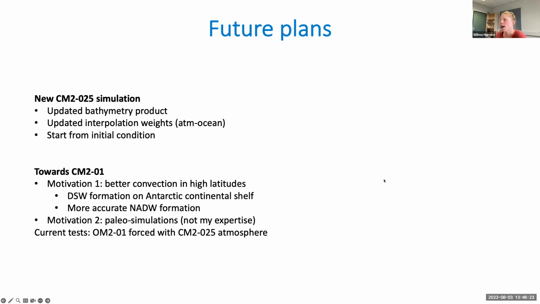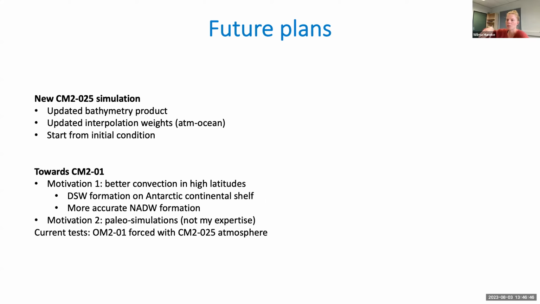I'm also interested in setting up a coupled model with the Chancery ocean, and the main motivation is that hopefully we can then do a better job in the high latitudes. What did I put in? Denser water formation in the Antarctic, so that it's on the continental shelf.